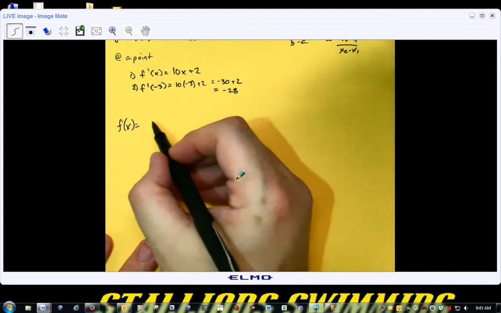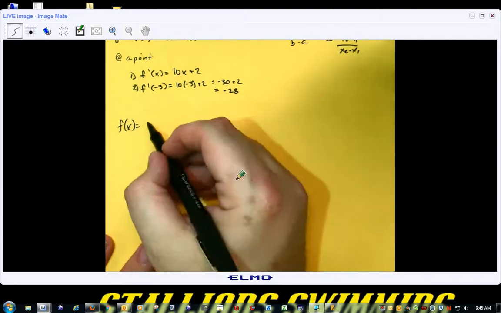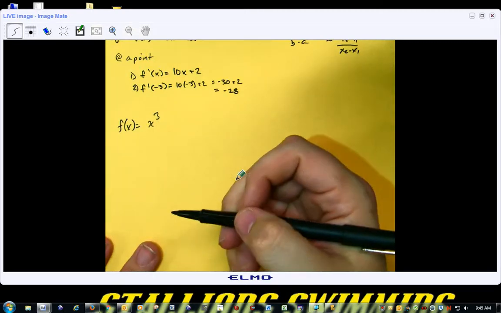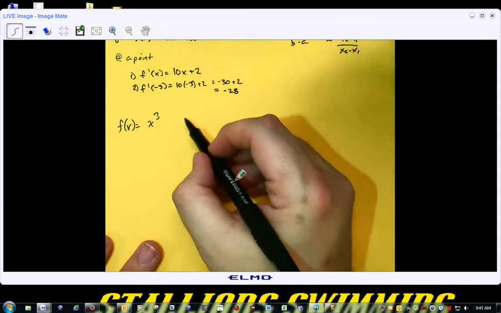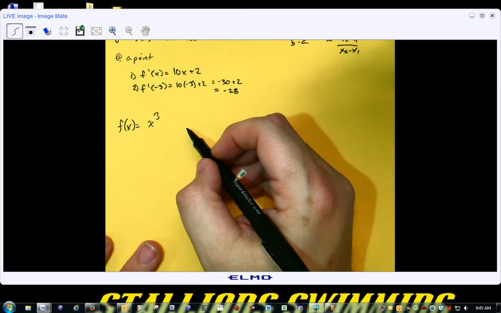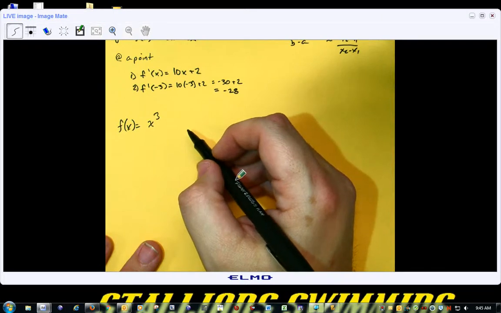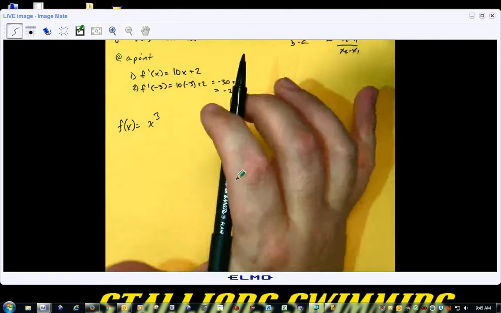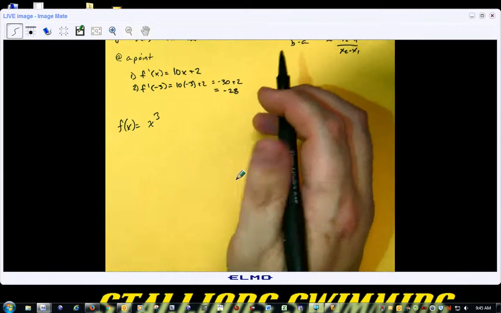Alright, let's say f of x is equal to, I'll do a nice, easy one for you. I'm going to show you how to do it, and then if you understand how to do it, then maybe we can go a little bit more difficult. But once you see it, I think you'll be like, piece of cake.